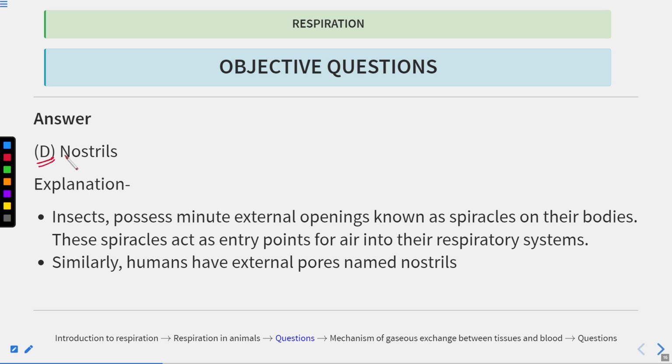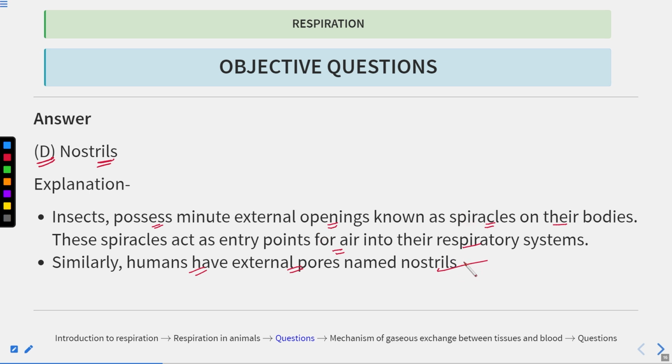Insects possess minute external openings known as spiracles, which act as entry points for air into their respiratory system. Similarly, humans have external pores named nostrils, through which the air enters and reaches the respiratory tract. That's why nostrils can be compared to the spiracles.